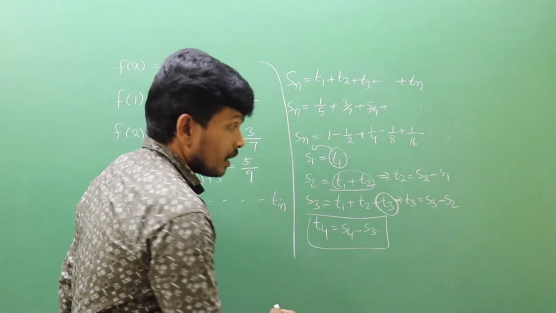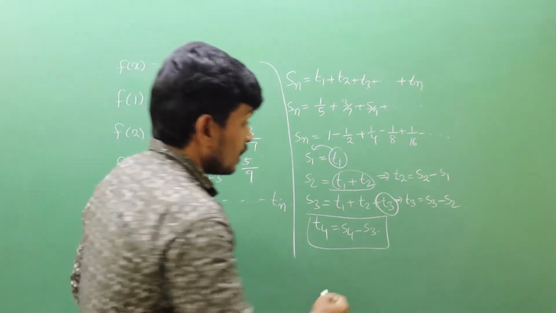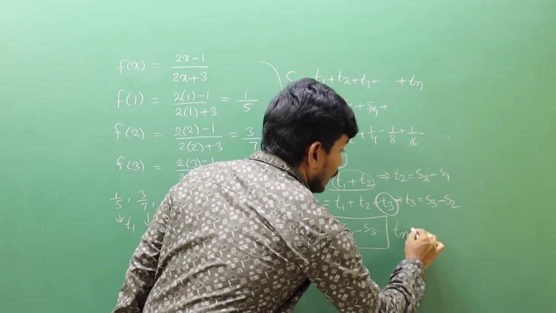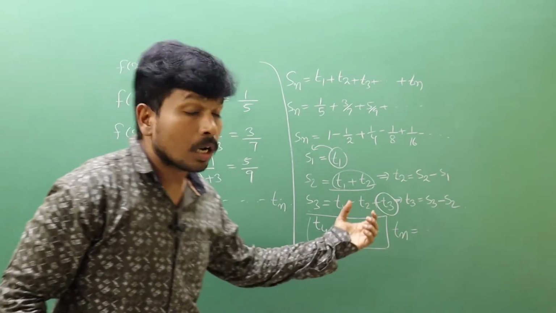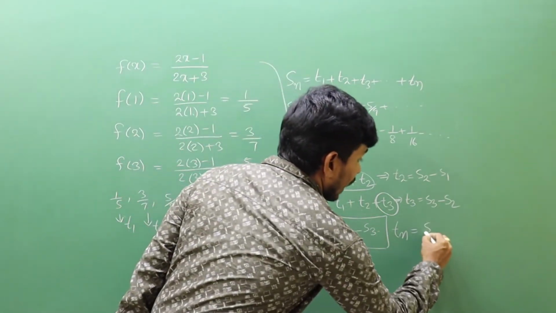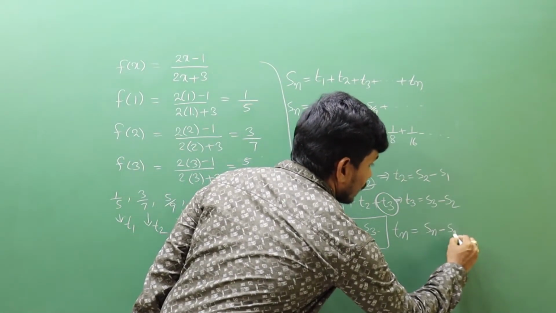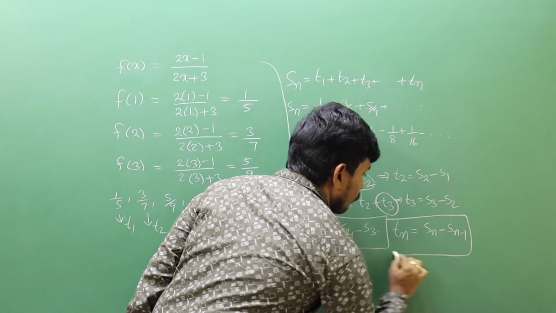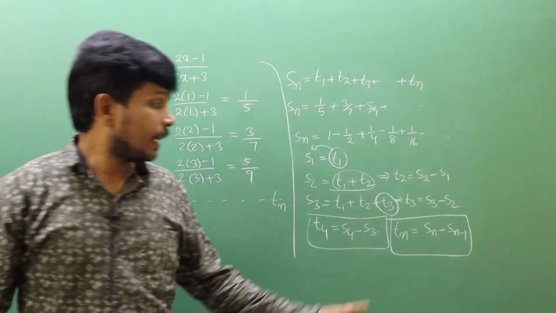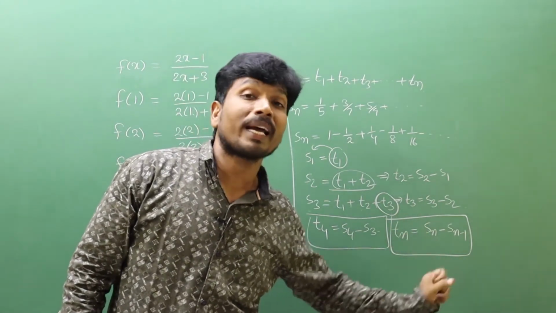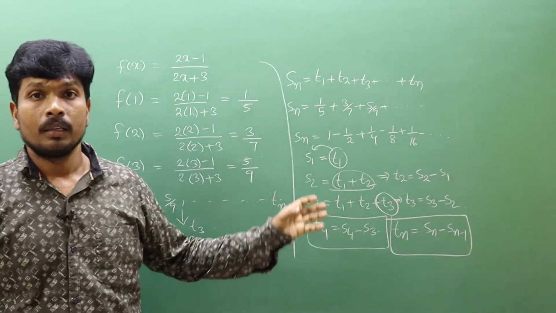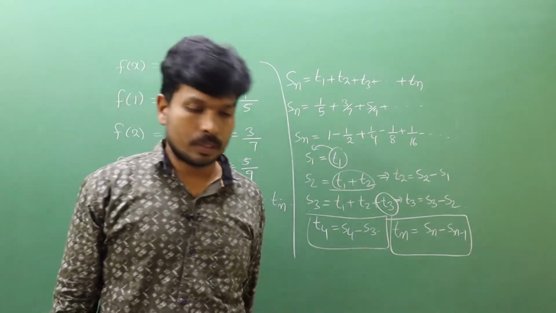What about general term Tn? Tell me the answer. So the term Tn is equal to Sn minus Sn-1. It is a wonderful formula. Nth term is equal to sum of the n terms minus sum of the n minus 1 terms.